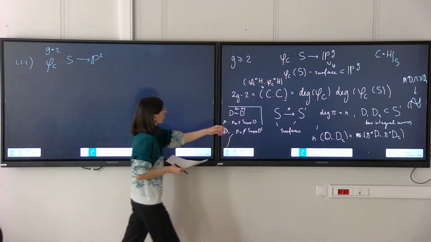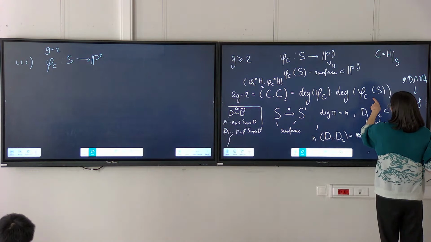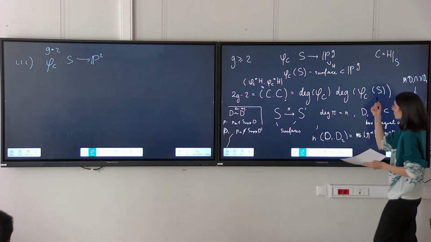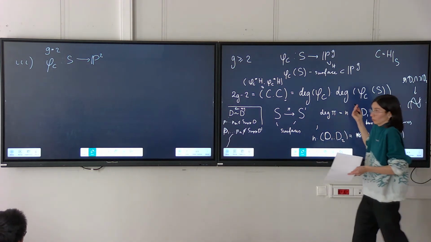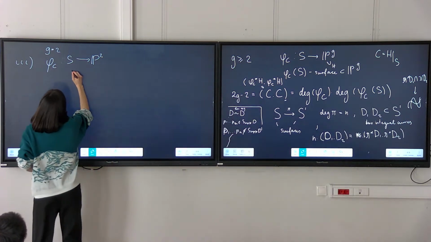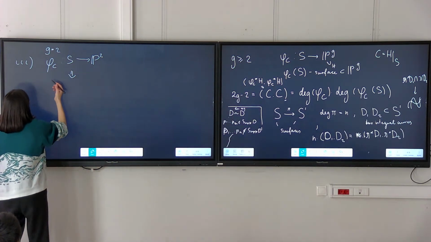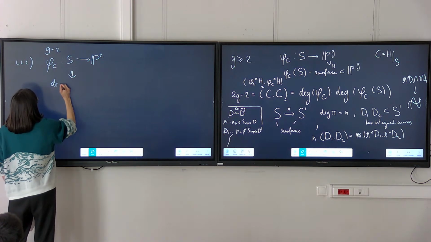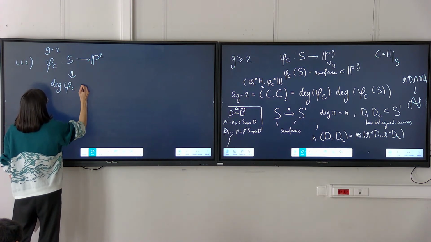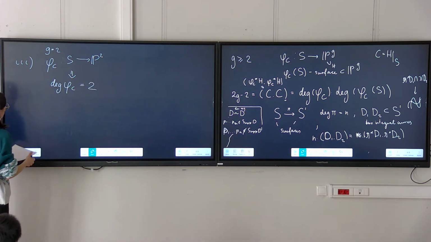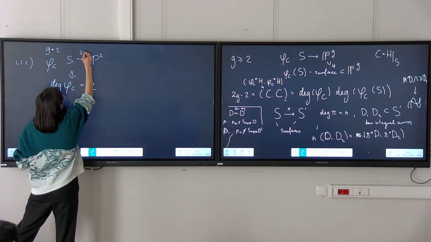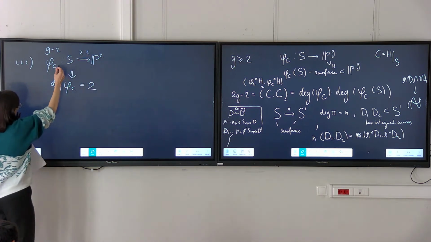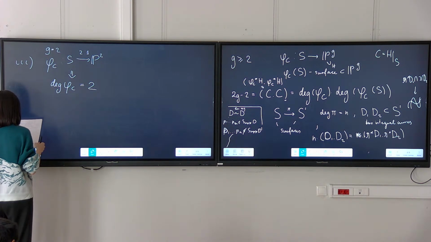The degree of phi restricted to C is definitely 1, just because this is P2. And so from the above formula, we obtain that the degree of phi is equal to 2. So this is a generically finite morphism of degree 2.